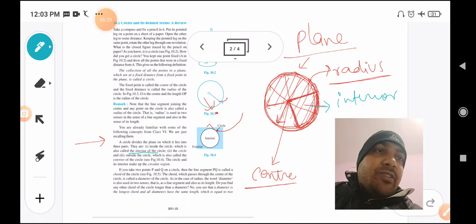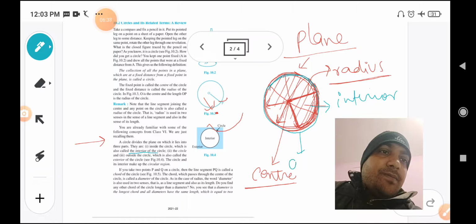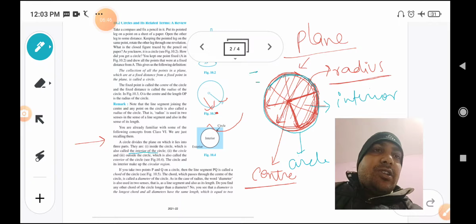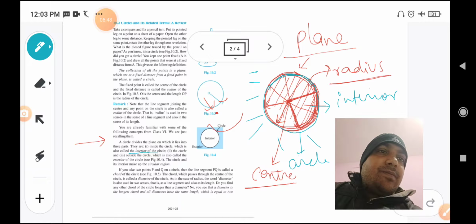The other one is the circle itself. And the third region is outside the circle, which is known as the exterior of the circle.